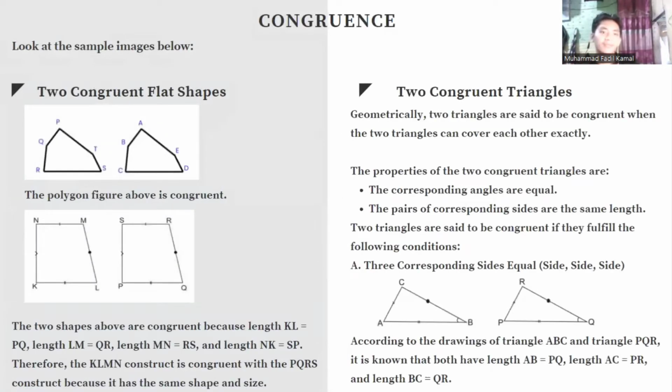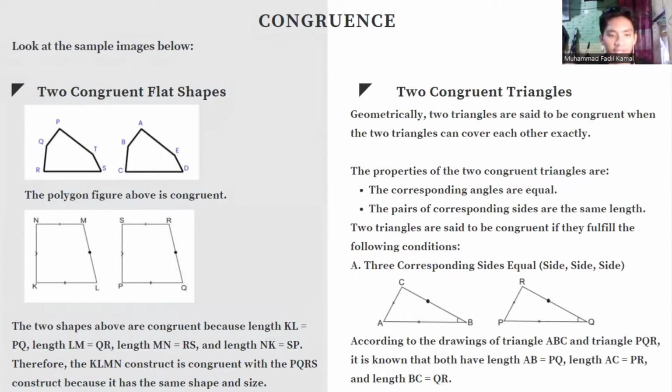Congruence. Look at the sample image below. I will explain about congruence. First, two congruent flat shapes. We can look at the sample image. The polygon figures above are congruent.